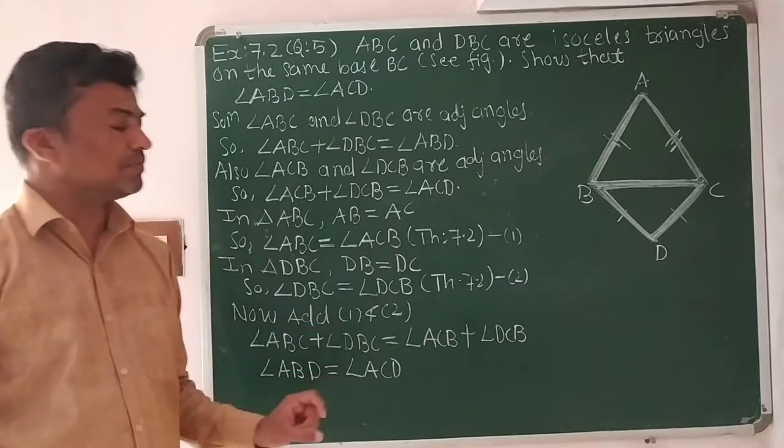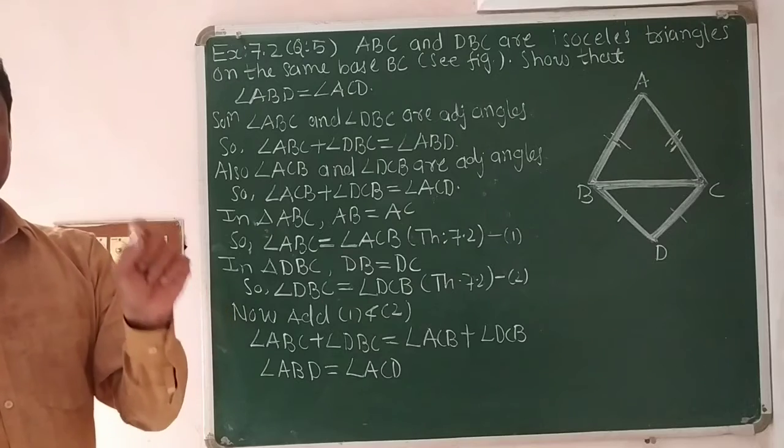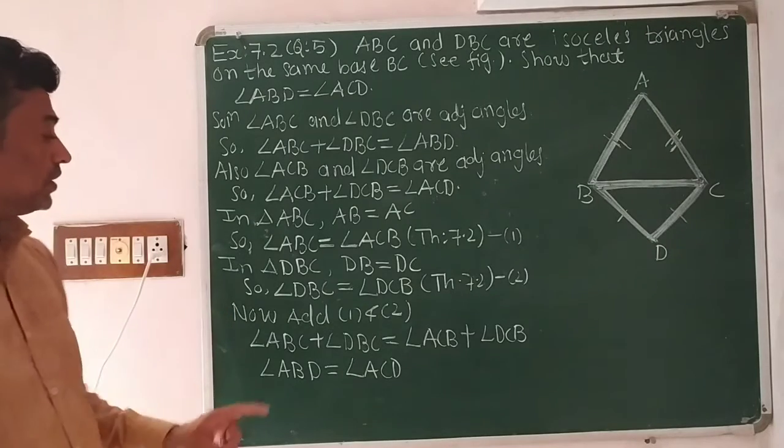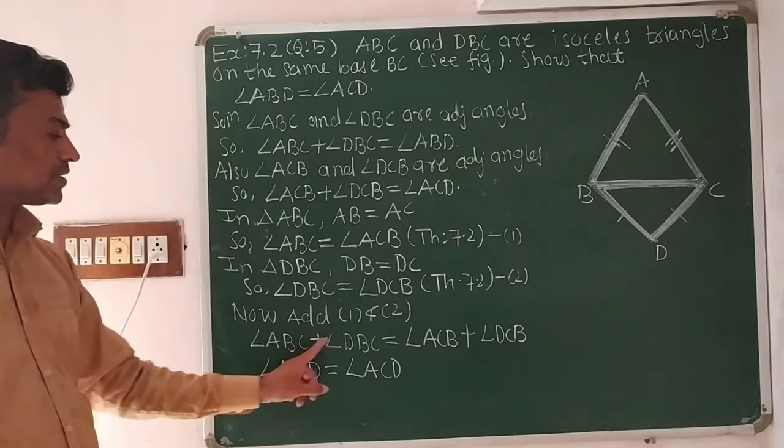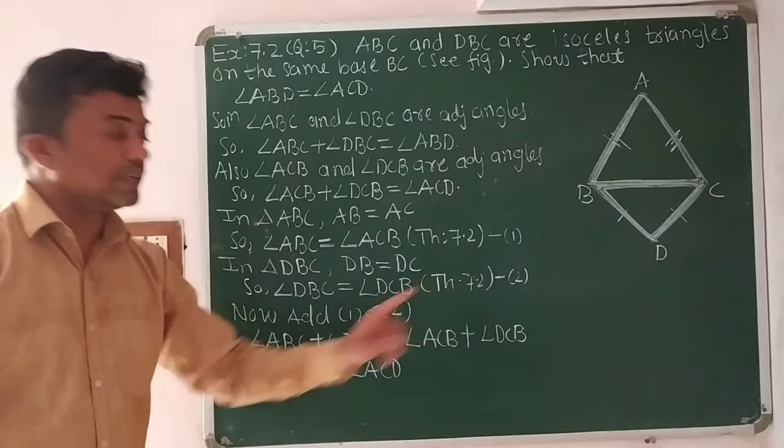Then we can get angle ABC plus angle DBC is equal to angle ACB plus angle DCB.